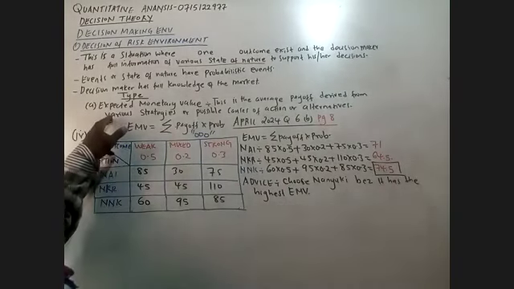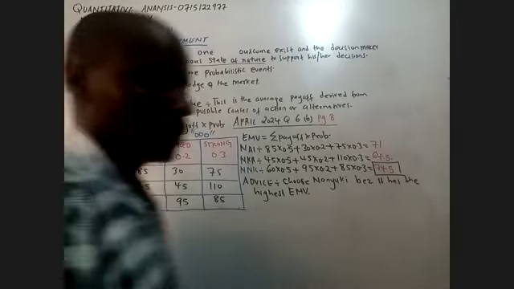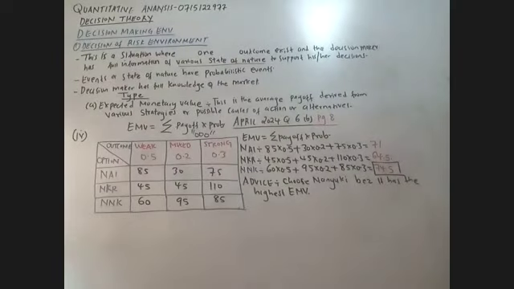So the decision rule for expected monetary value is that you choose the one with the highest EMV.